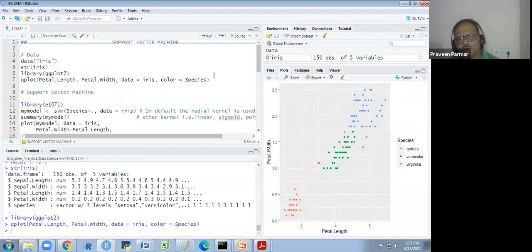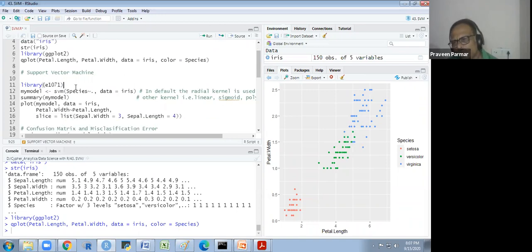I am filling the color. So here are the 3 species we have, and there is some misclassification. Right, so I want to use the support vector machine here. For the support vector machine, we have to use the e1071 library.